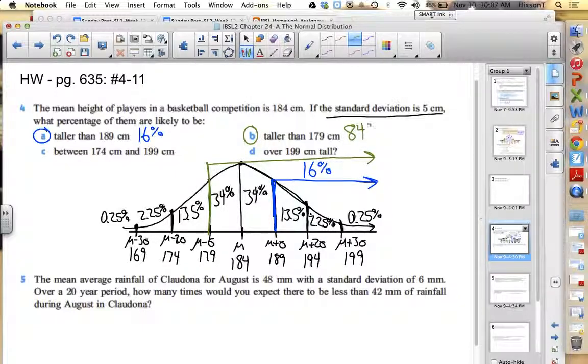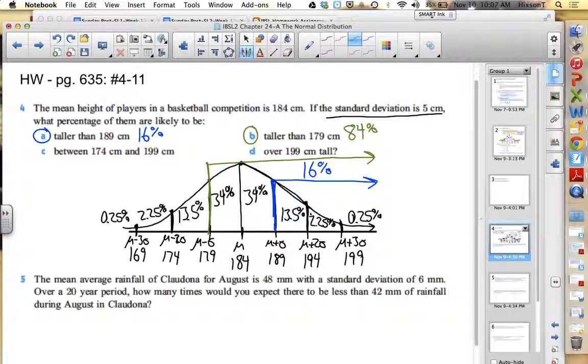Now, one thing I'll point out with this question: how much is to the left of 179? 16. Notice this was mu minus sigma all the way to the left. Mu plus sigma all to the right was 16%, right? Here's where you can use the symmetry to make things a little easier on yourself.